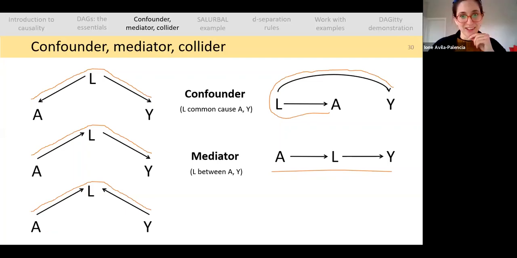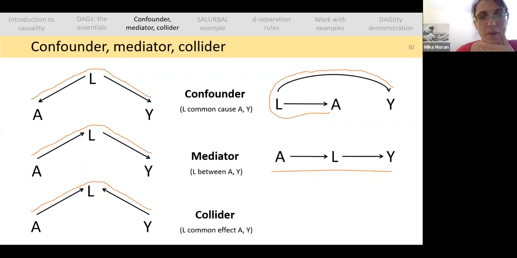I have a question, Mika. Sure. Interactions or moderations, how does that fit in here? So DAGs are non-parametric. So having an arrow, for example, here between L and A, just means that there is a causal relation between L and A. That relationship could be altered by a third variable, right?